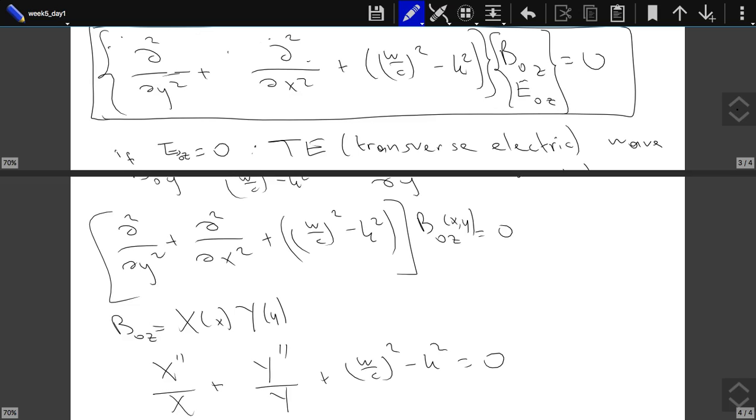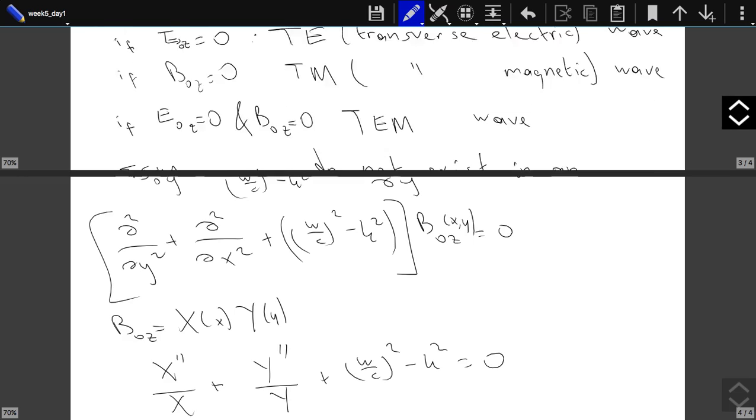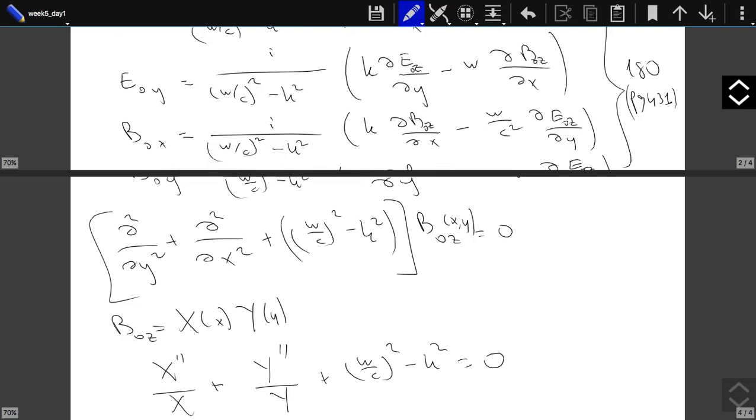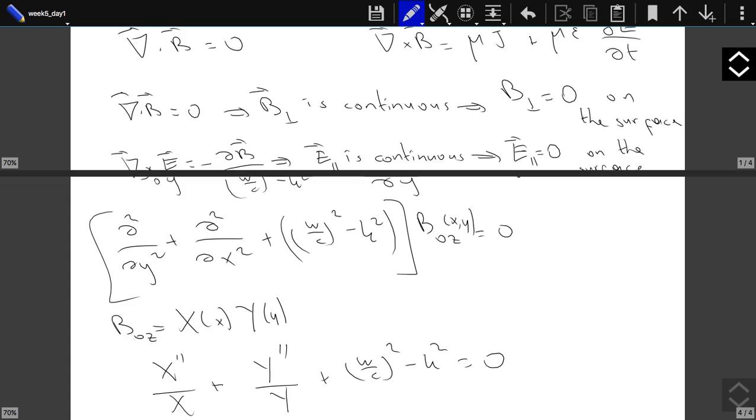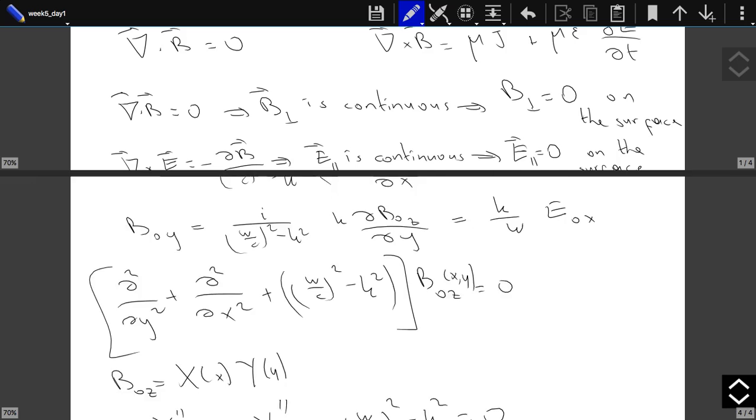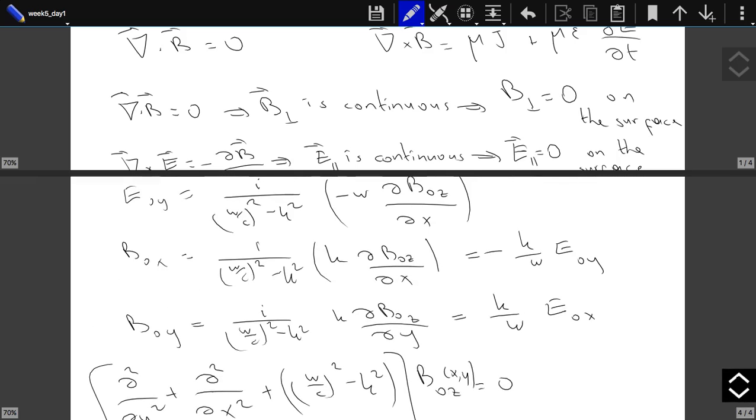What is B0z on my boundaries? Well, what were the boundary conditions? B perpendicular is 0. So B0x is 0 on the boundary, and B0y is 0 on the boundary.